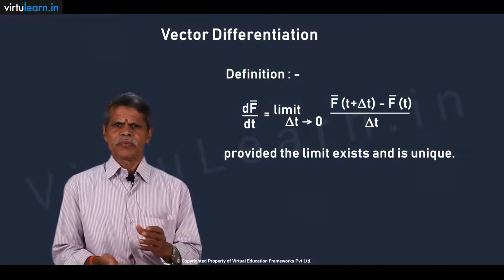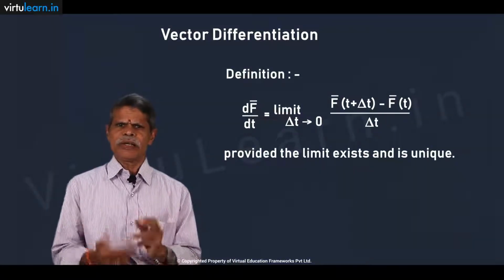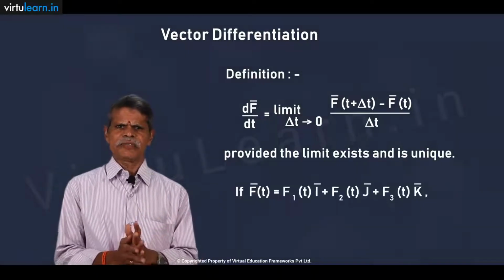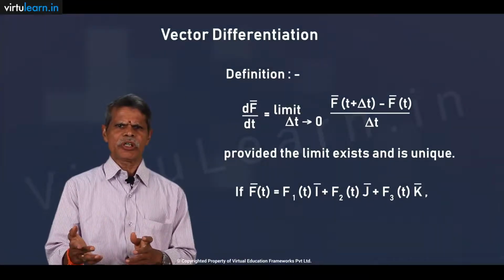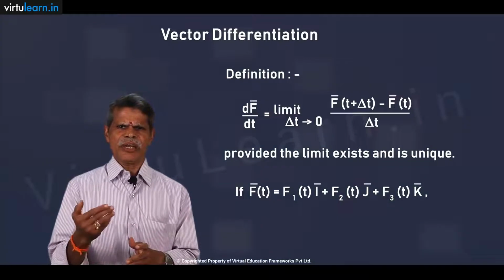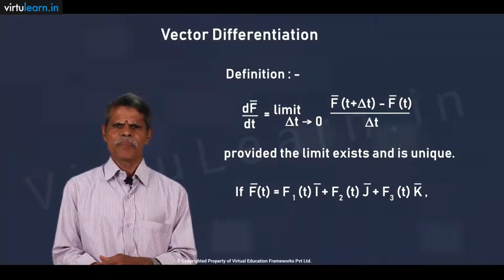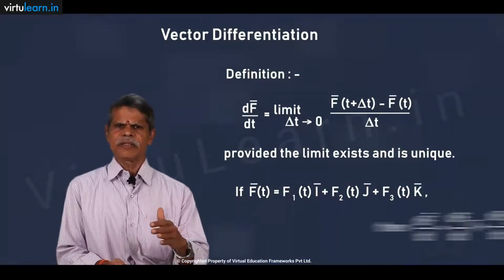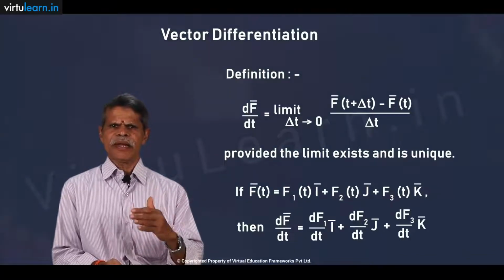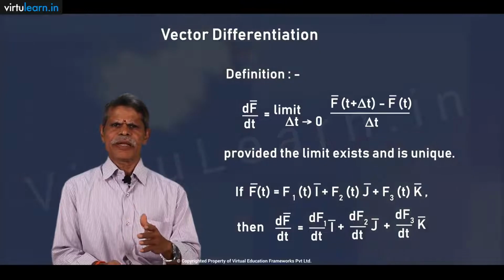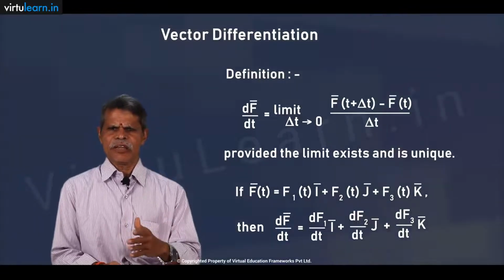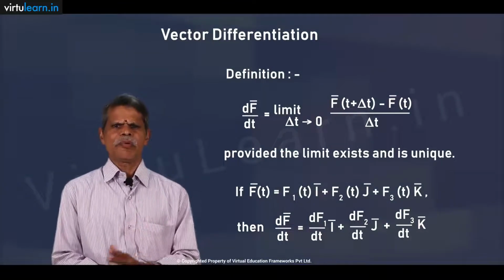Then we know that a vector can have components. Suppose f bar of t is equal to f1 of t into i bar plus f2 of t into j bar plus f3 of t into k bar. Then df bar by dt can be written as df1 by dt into i bar plus df2 by dt into j bar plus df3 by dt into k bar.